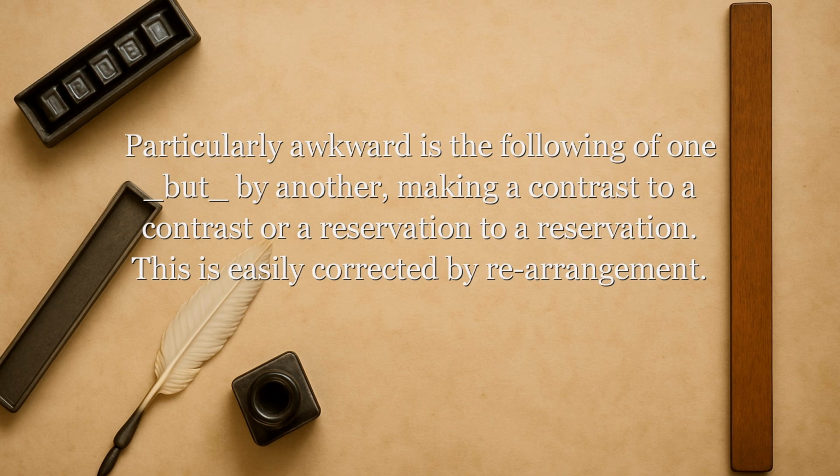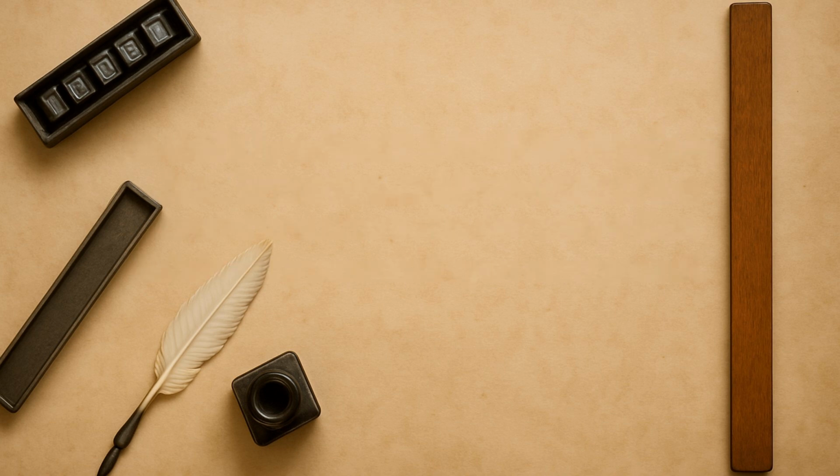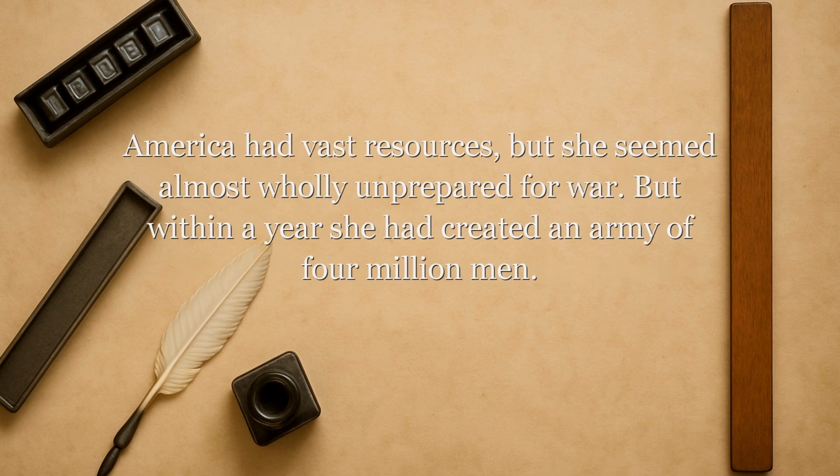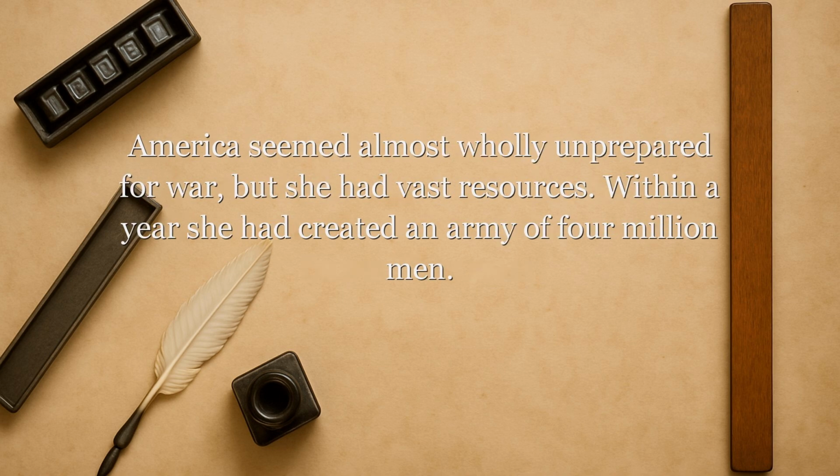This is easily corrected by rearrangement. America had vast resources, but she seemed almost wholly unprepared for war. But within a year she had created an army of 4 million men. America seemed almost wholly unprepared for war, but she had vast resources. Within a year she had created an army of 4 million men.